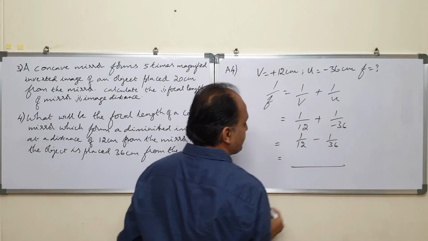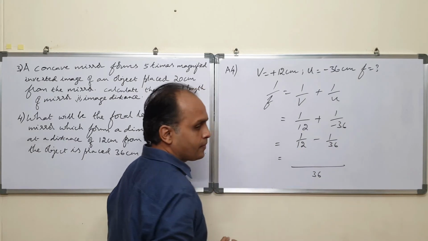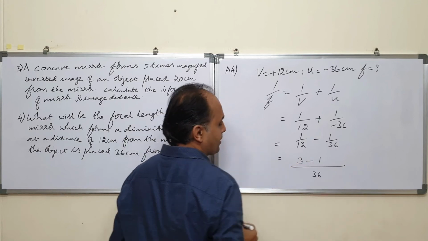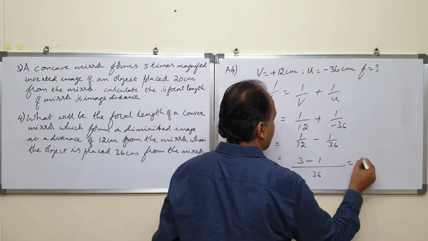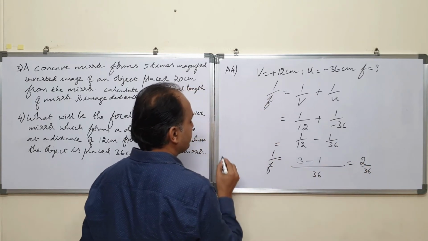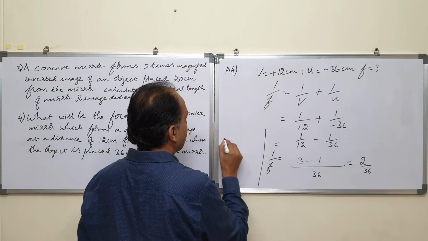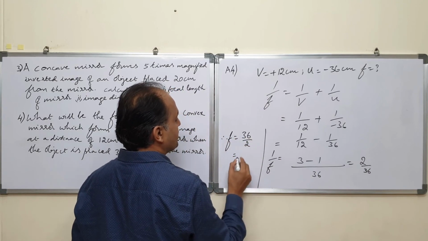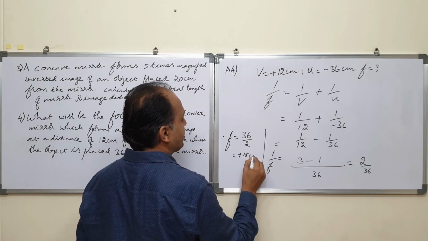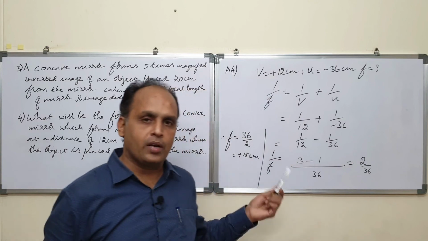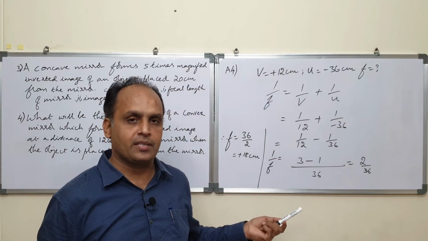The LCM is 36, so here it is 3 minus 1, which is equal to 2 by 36, which is 1 by f. Therefore, f is equal to 36 by 2, which is equal to plus 18 centimeters. And our answer is correct because focal length is always positive in case of convex mirrors.